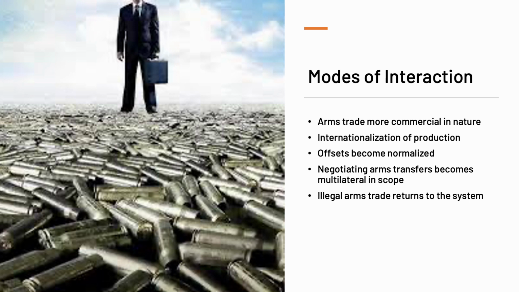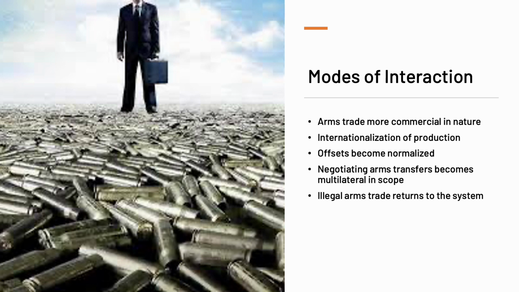We also, again, see an increase in the internationalization of production. Not only are you seeing these large multinational firms within Europe producing, like, the Panavia Tornado, the Eurofighter is a good example of this, where these are multinational efforts to produce one good. You're also seeing the internationalization of production of subgoods.